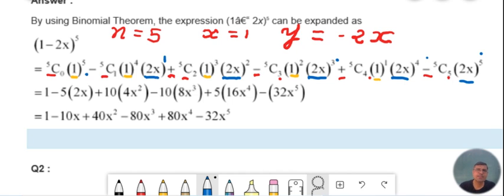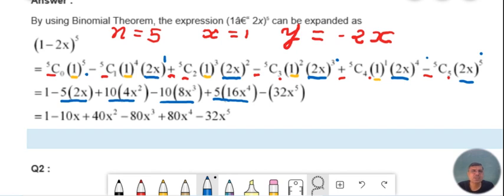Now, this part we have to simplify. You know that 5C0 is 1. I explained this in permutation and combination. Minus 5C1 is 5 into 2x. 5C2 is 10 and (2x) square is 4x square, and 5C3 is also 10 and (2x) cube is 8x cube, and 5C4 is, once again, 5.